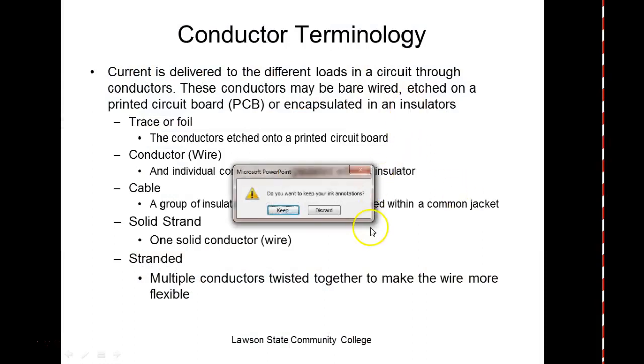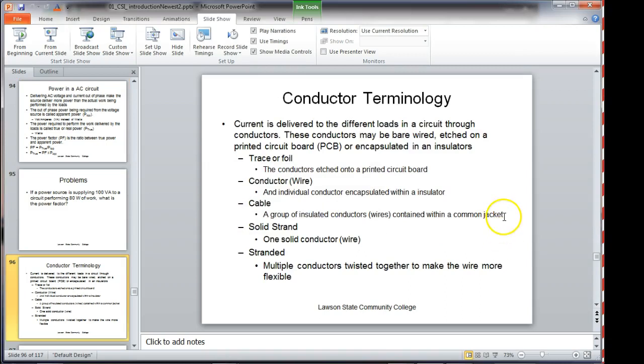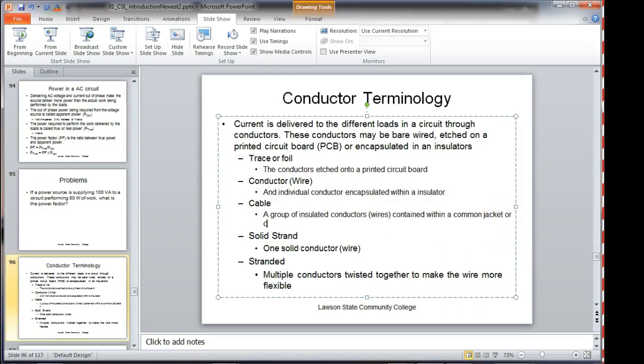Inside the glossary, I have changed that, for a cable or a conductor or a wire that has multiple layers. Like coax, we call that a cable. Well, that technically is a cable because it has two wires inside it.